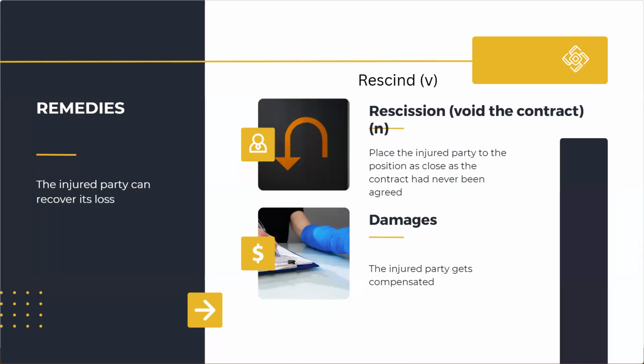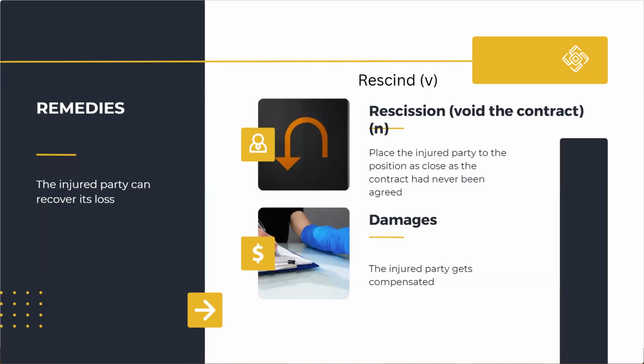With misrepresentation, this is a very serious fault of contract formation, so the court may consider rescission of contract. Rescission is about canceling or voiding the contract. This is an equitable measure applicable by a competent court.